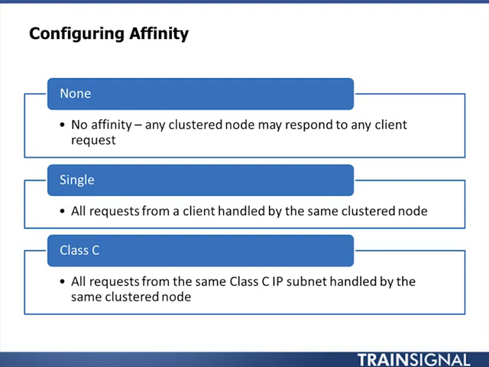There are situations where an application connects in through a series of proxy devices of some sort, and those proxy devices, although representing the same individual person, are coming in by way of multiple proxied devices in my network, and as such, because they all share the same Class C IP address range, they should all be handled together by the same clustered node. That one's not commonly configured, but there are circumstances where it makes sense. It's good to know that it's there.